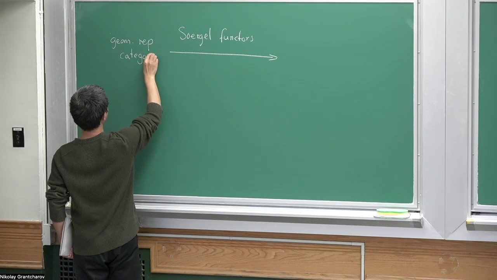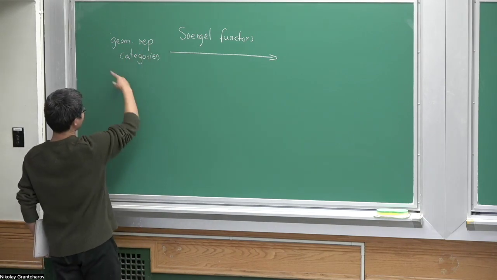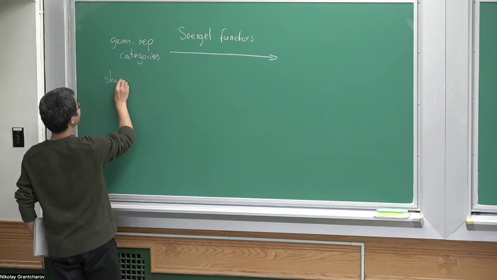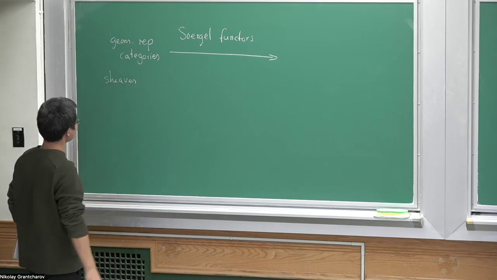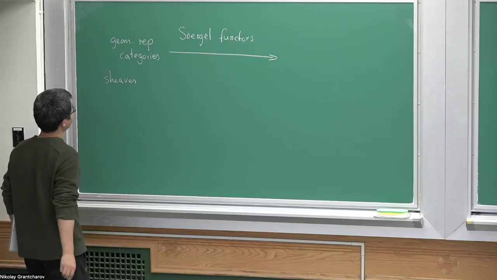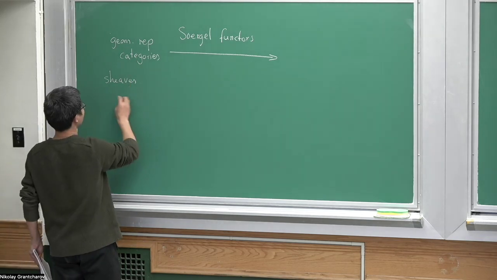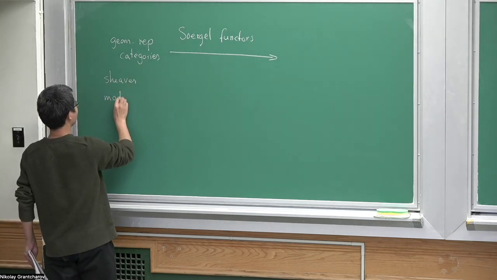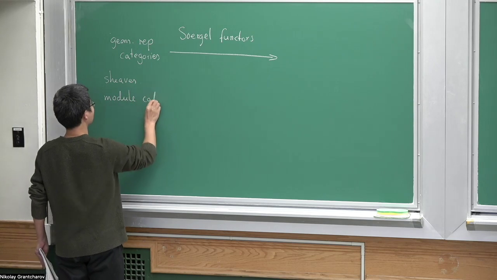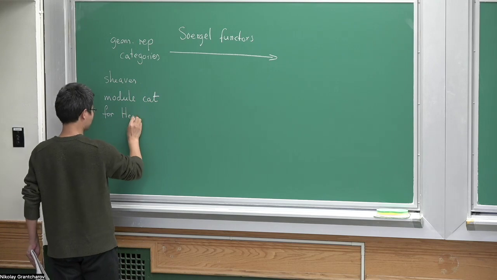Usually these are sheaf categories on certain varieties. And in all the examples I have encountered, these categories are in fact module categories for certain affine Hecke categories, certain Hecke categories.